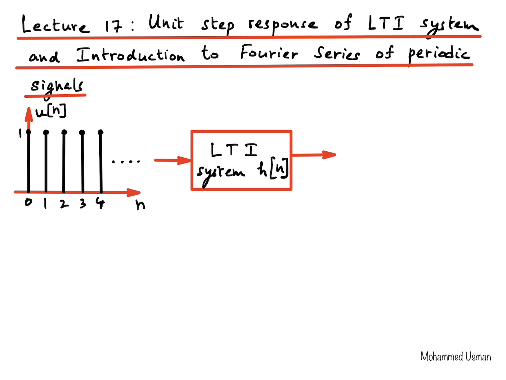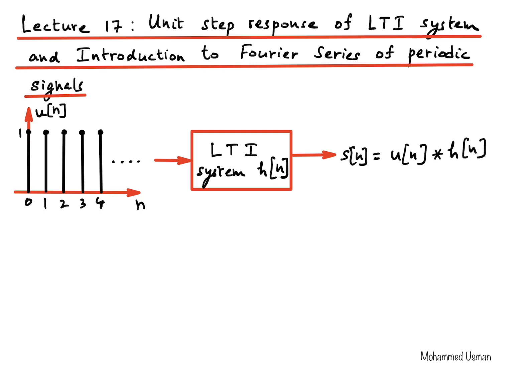So now we can write that output as u of n convolved with the impulse response h of n, and that is the output of our system, which we generally represent as y of n. But since this is in response to a specific input signal, which is the unit step signal, we'll call it s of n.